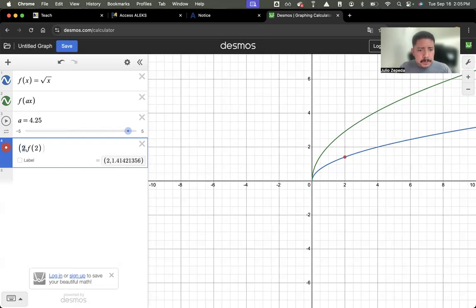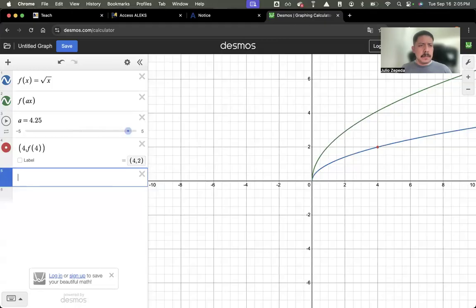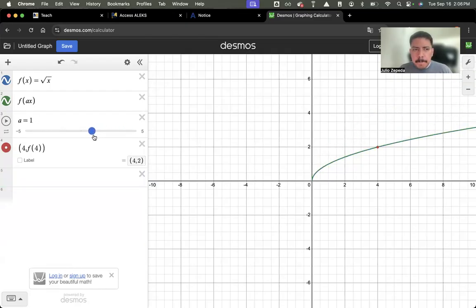Let me use 4, f of 4, to see if this looks better. Hmm, on the spot here, I can't think of how I would show this.